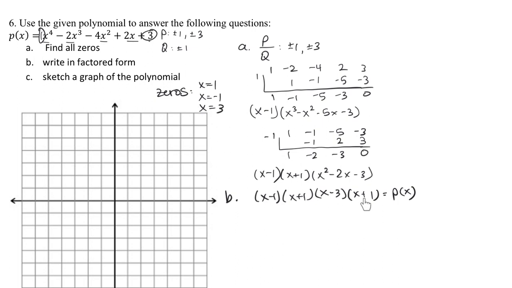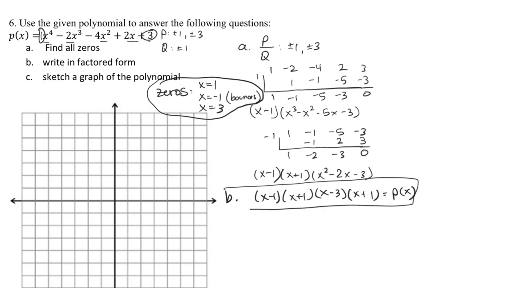But notice we have another negative 1. So x equals negative 1 has multiplicity that's even, because there's 2 of them. So at x equals negative 1, I'm going to say that here it bounces. The other 2 it's going to cross. So those are the zeros for part A.